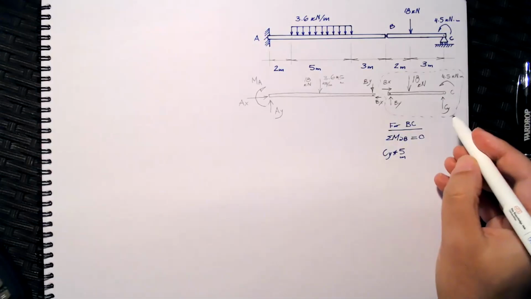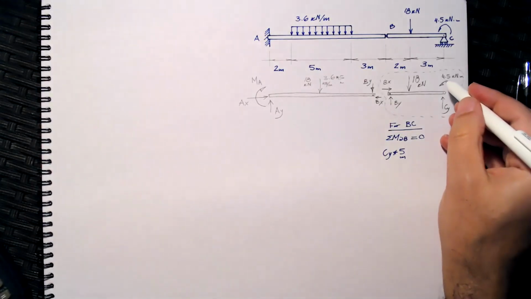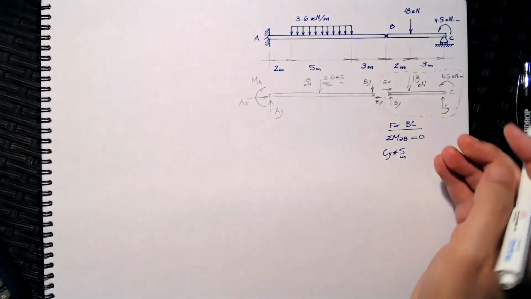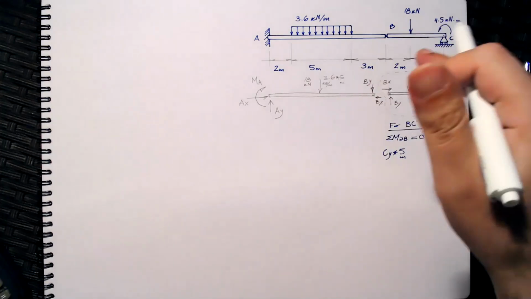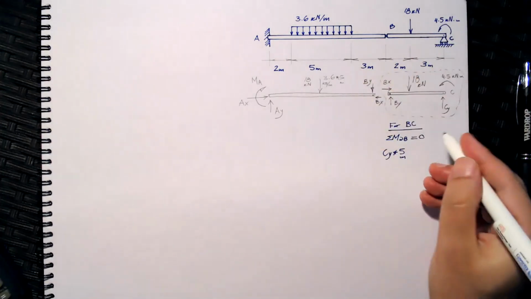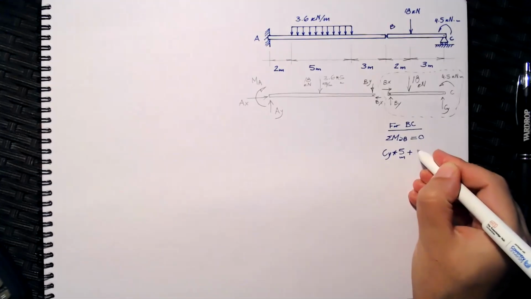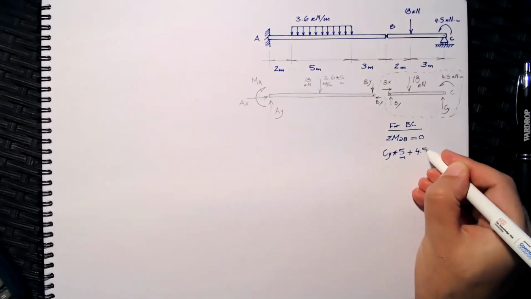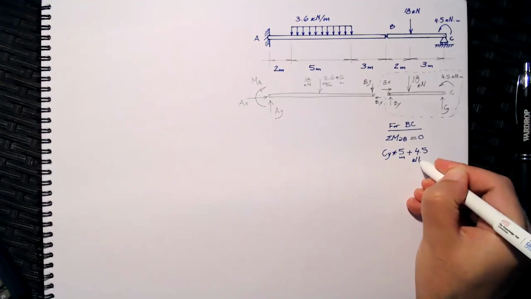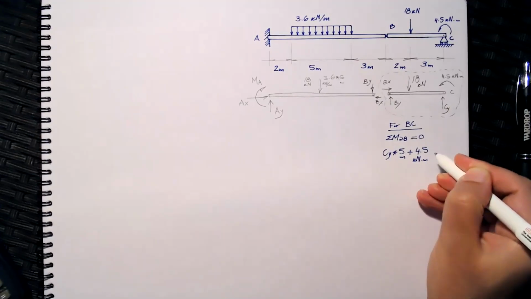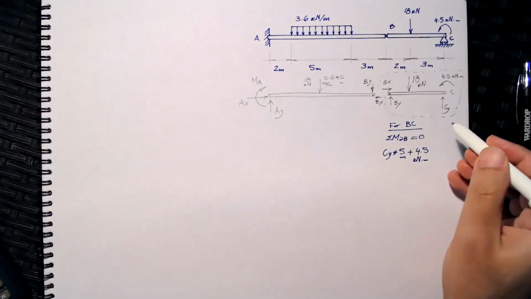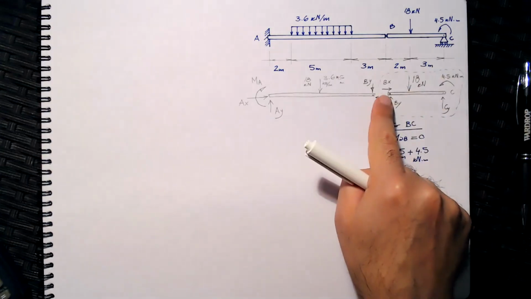meters. The 4.5 kilonewton meter is also going counterclockwise, so I will add plus 4.5 kilonewton meter. Is there anything else causing rotation about B?